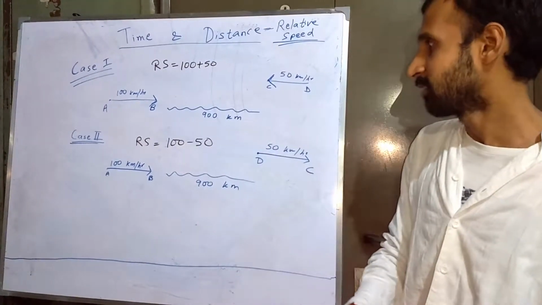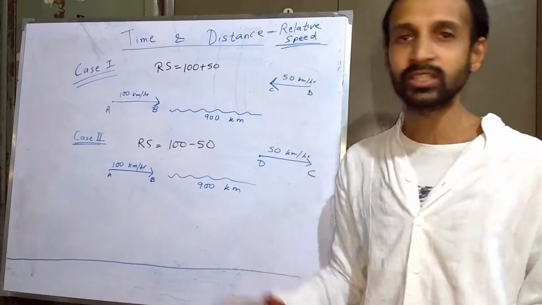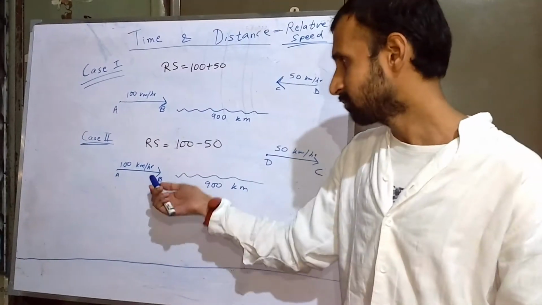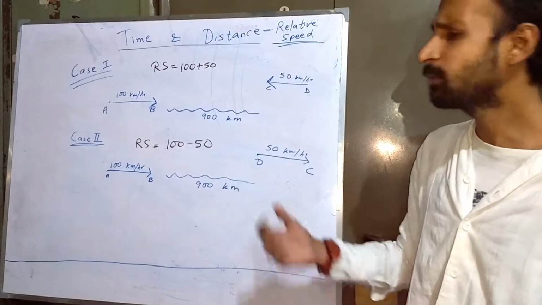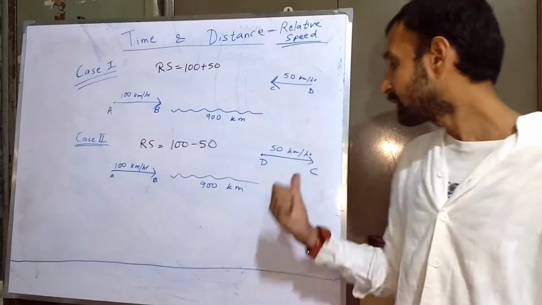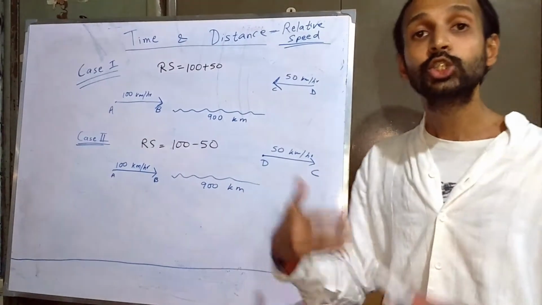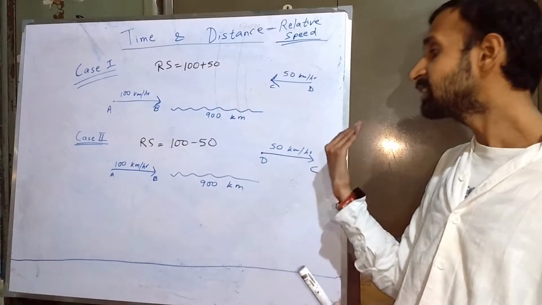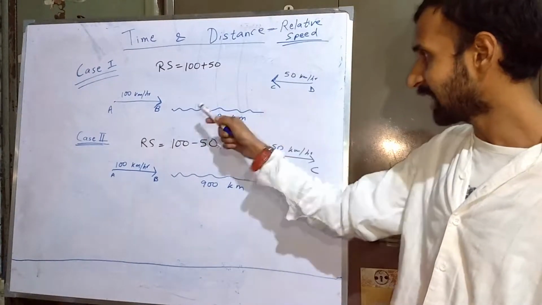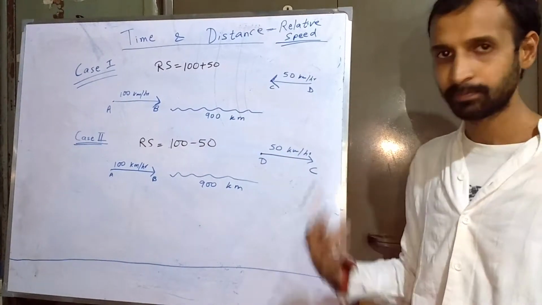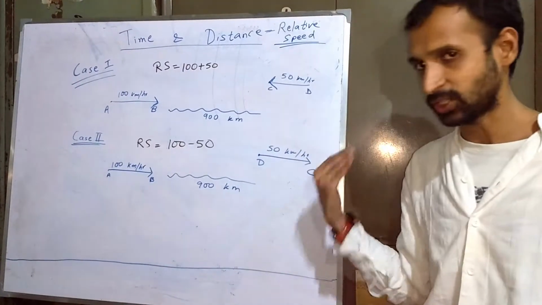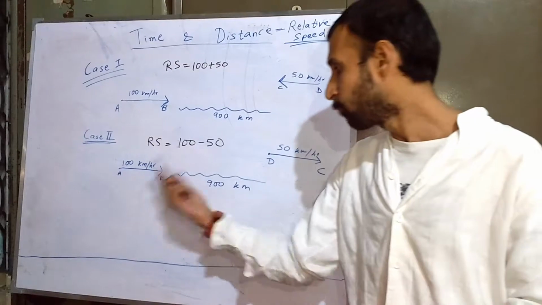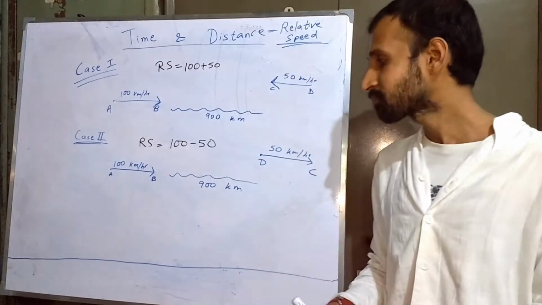Now imagine we have another long and monstrous train, AB, the same train actually, and you have CD. Again the same train. However, this time the train CD chooses to move in the other direction. So it is not moving in this direction, but it's moving in this direction. So basically, both the trains are moving in the same direction. If this is east, then both the trains are moving eastward.